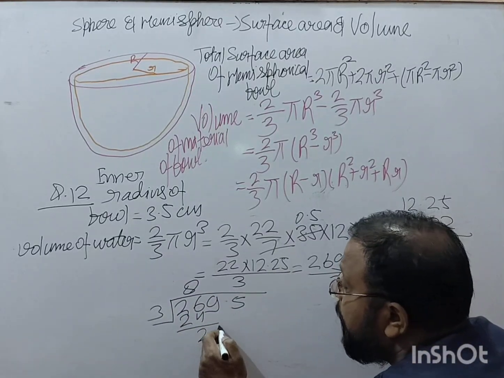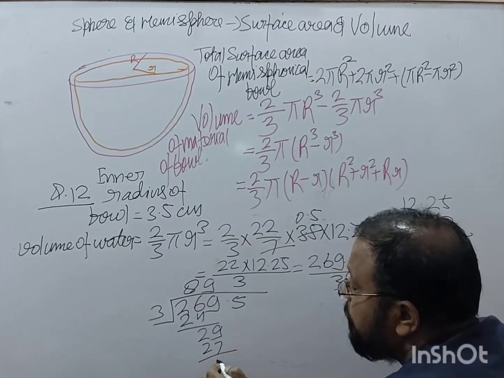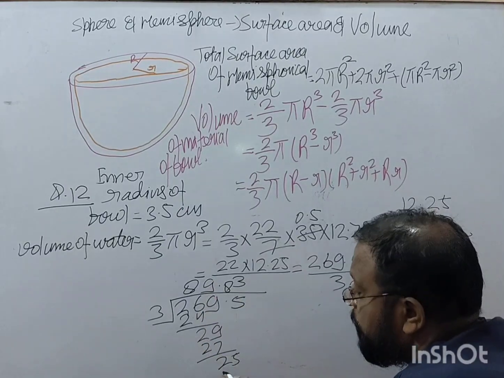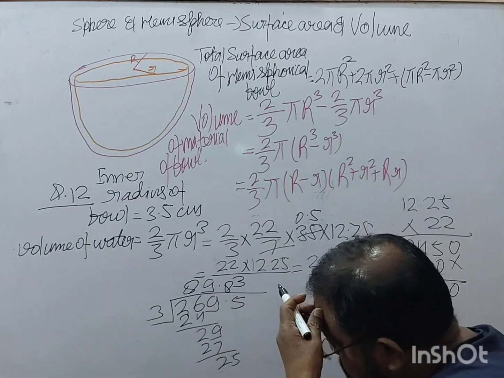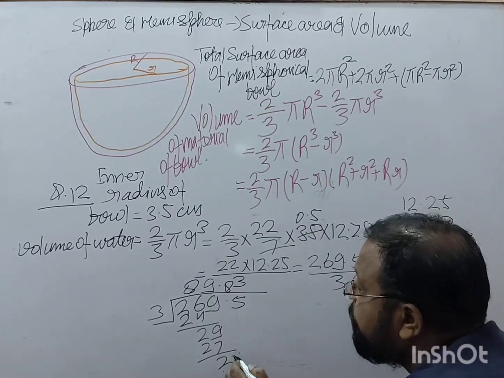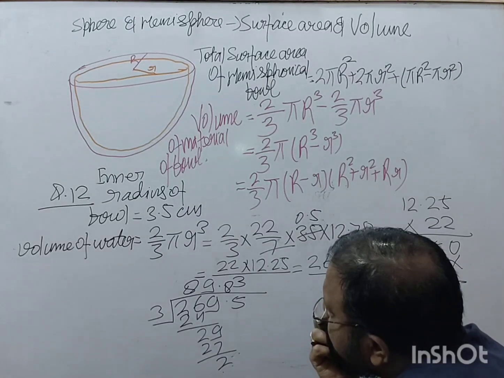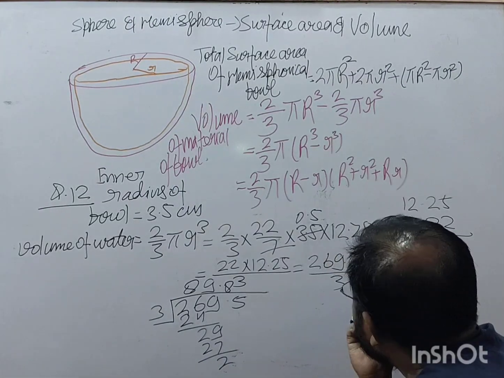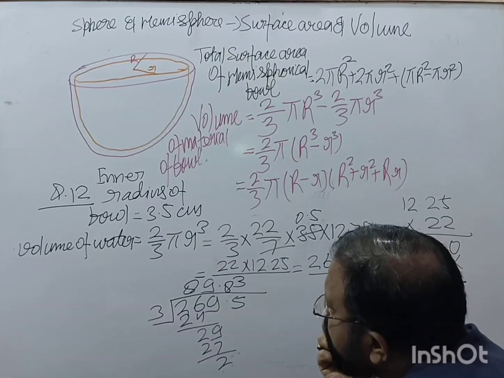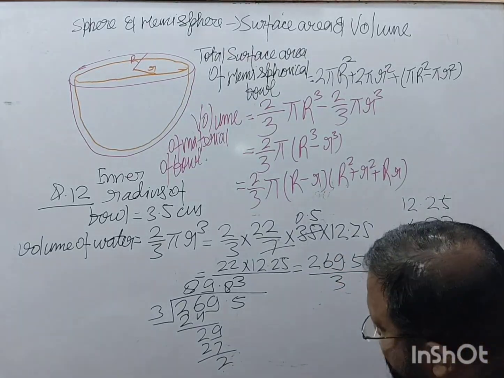You get 2 and 9. 9 times 3 becomes 27. What is your answer? 89.5/6. That is exactly like this.